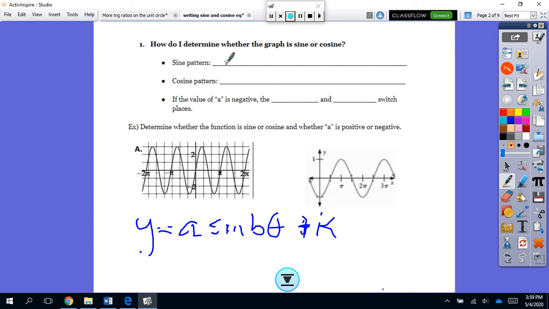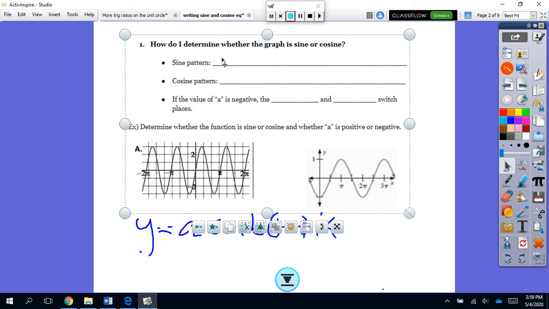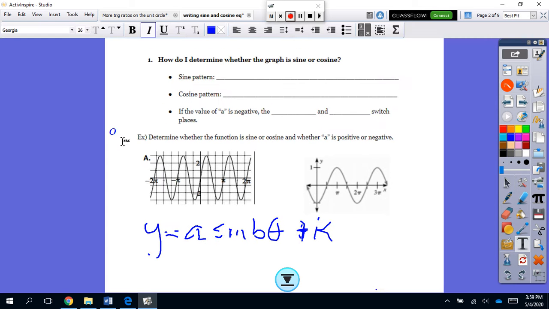So remember, the sine pattern with no shift was 0, then max, 0, min, 0. So that was the basic pattern for sine, because it basically comes from the unit circle.